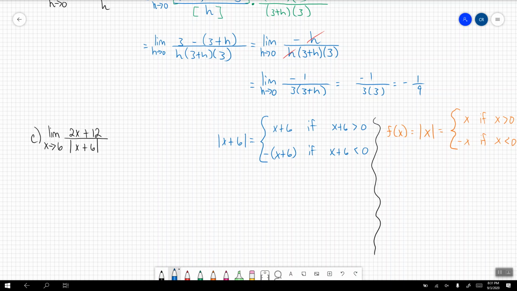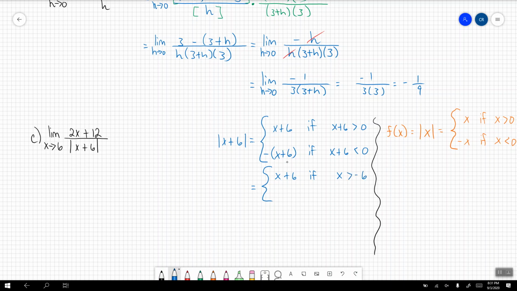Okay, so let's simplify and clean this up. The first piece, x plus 6, works if I manipulate this domain restriction to solve for x. So this only works if x is greater than negative 6.